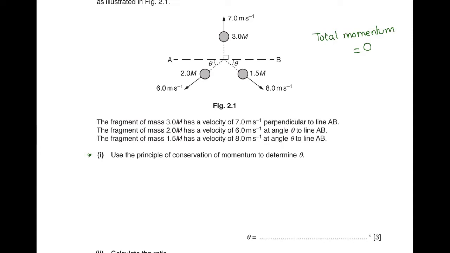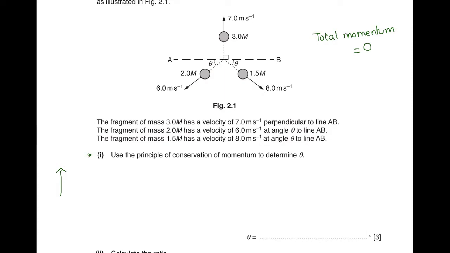So what I'm going to do is look at the momentum in just what appears to be the vertical direction. And we can see that one of those objects is moving upwards and the other 2 are moving downwards. So their vertical momenta must cancel out. They must be equal.